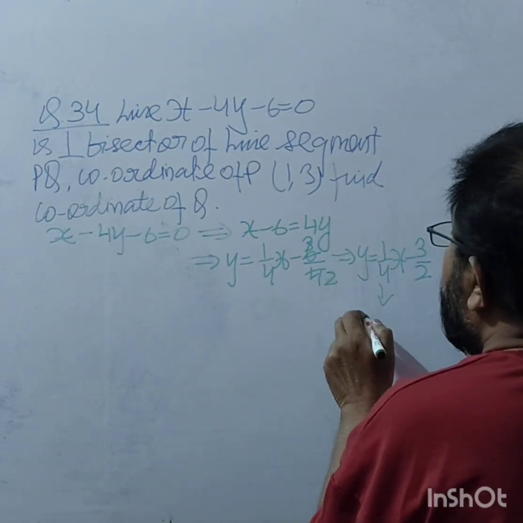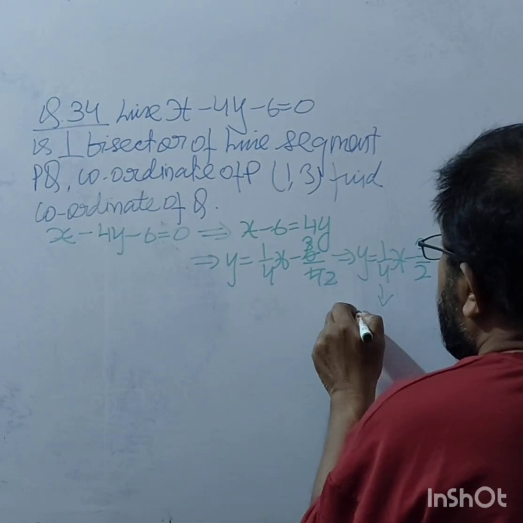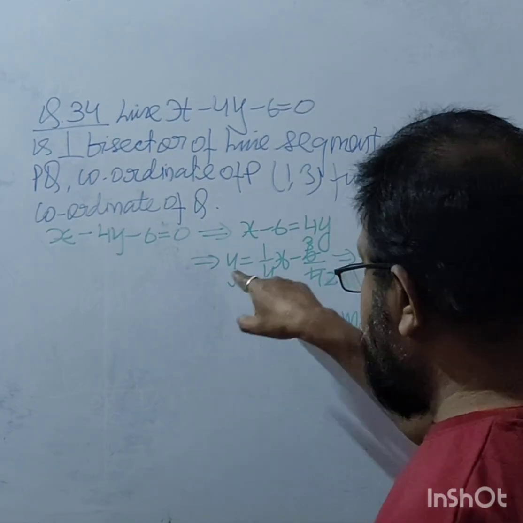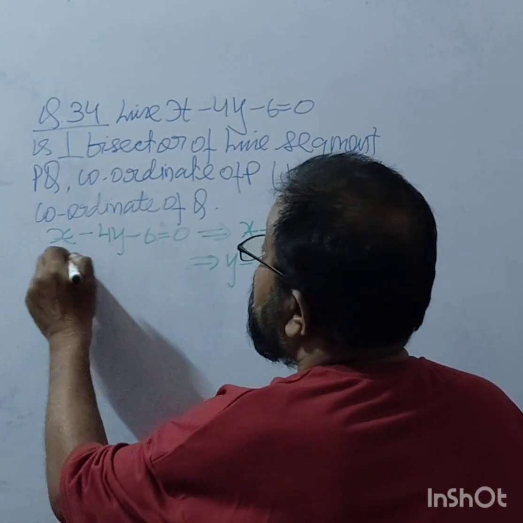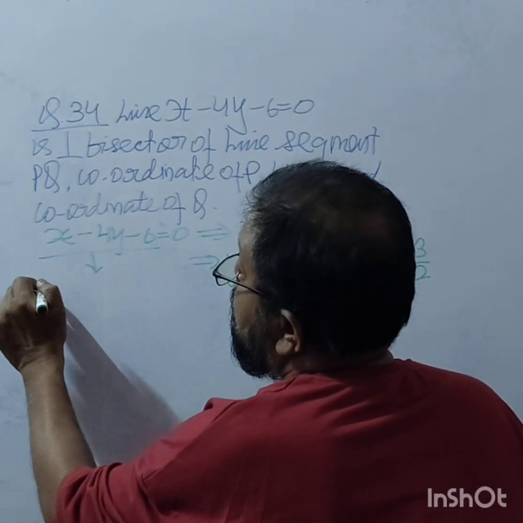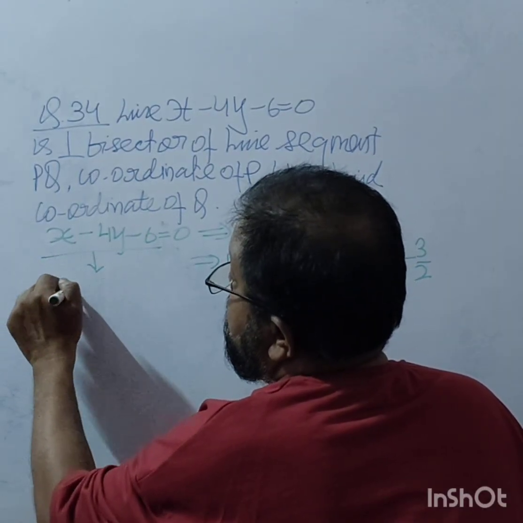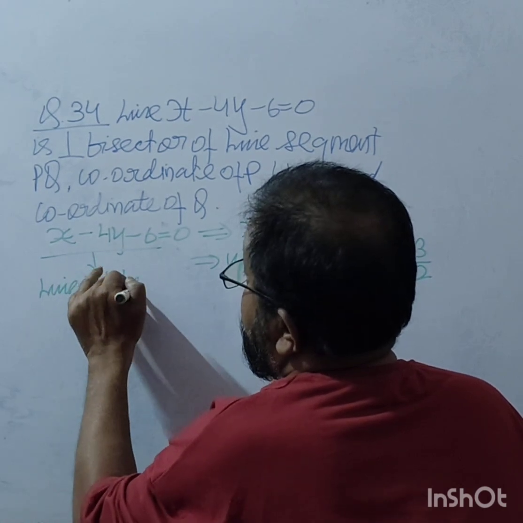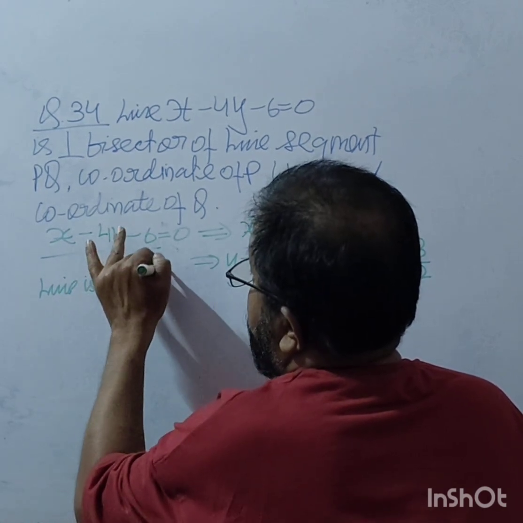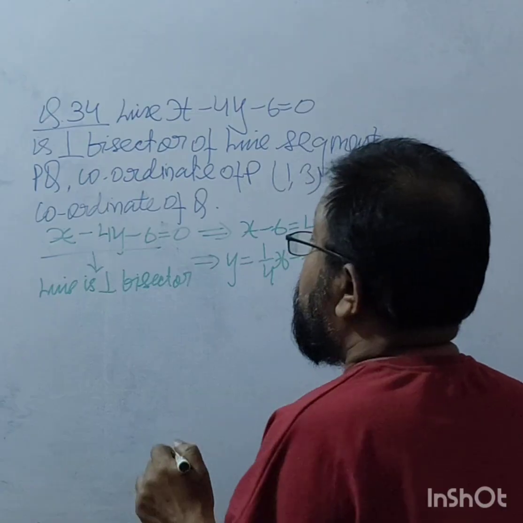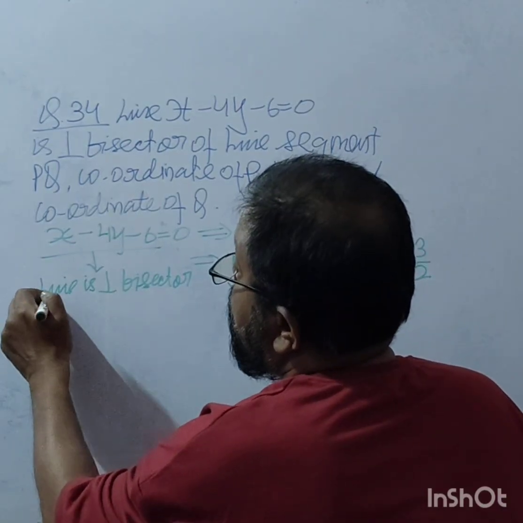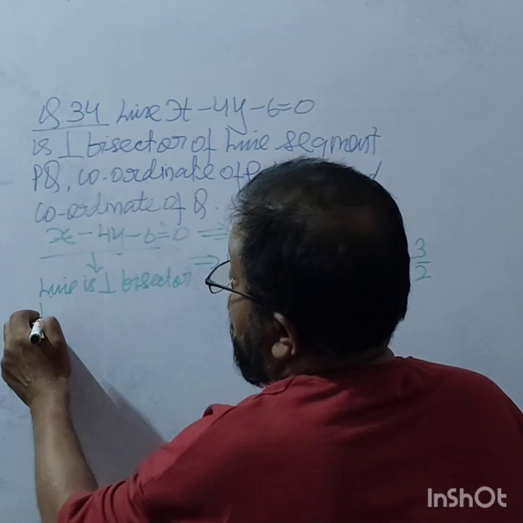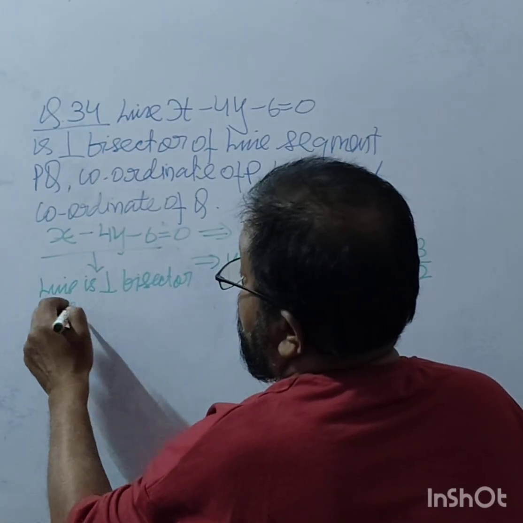So slope m is equal to 1 upon 4, and this line is the perpendicular bisector of line PQ.